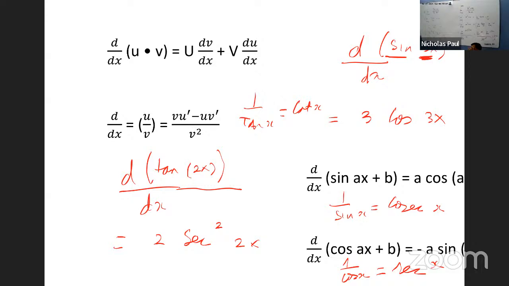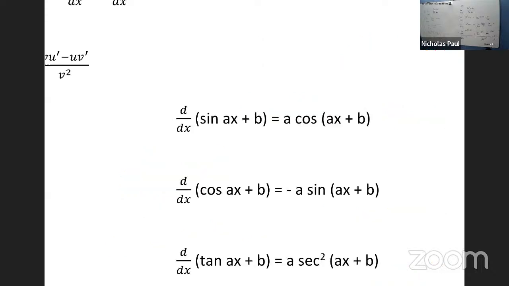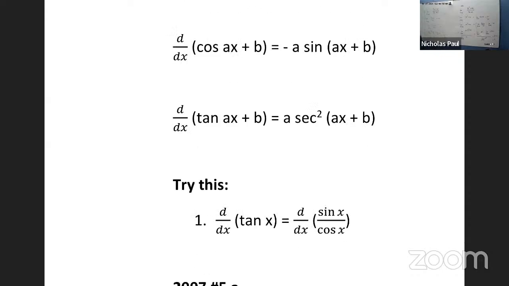Just in case you forgot those small rules. So that's the differential of sine and cos and tan and so on.